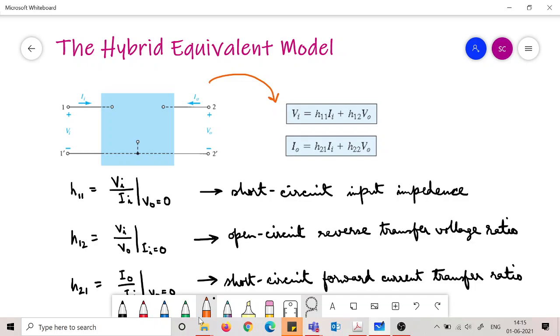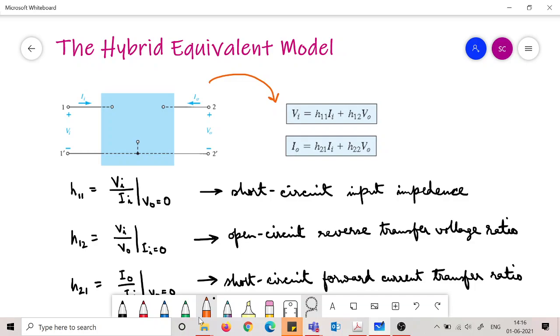When the BJT is biased in the active region, then only the linear behavior appears. Otherwise, in the saturation region or cutoff region, it is not linear behavior. Only in the active region, the BJT is behaving as a linear element.